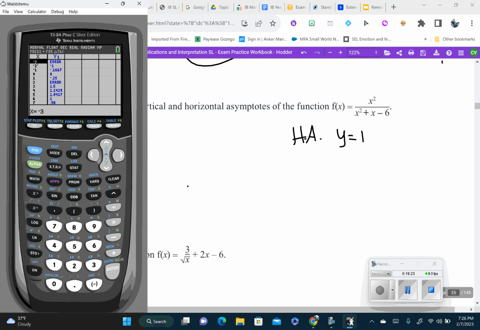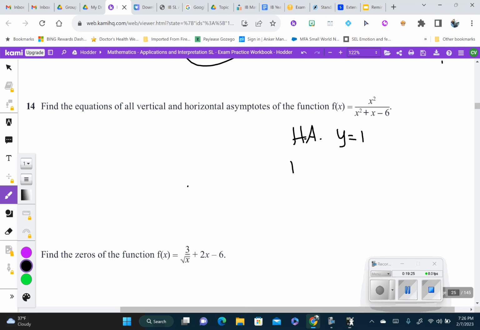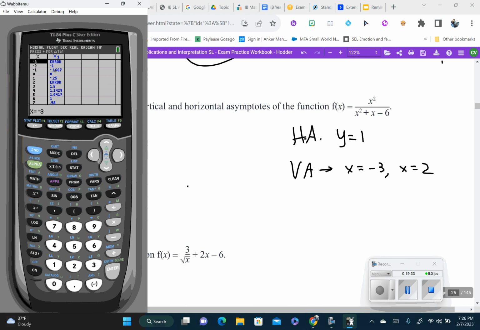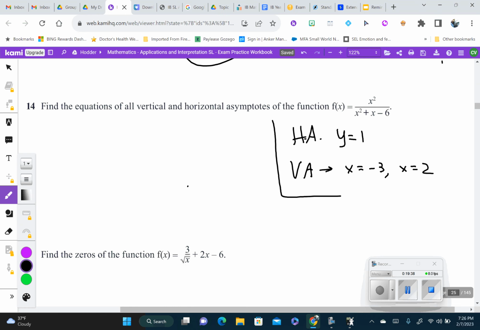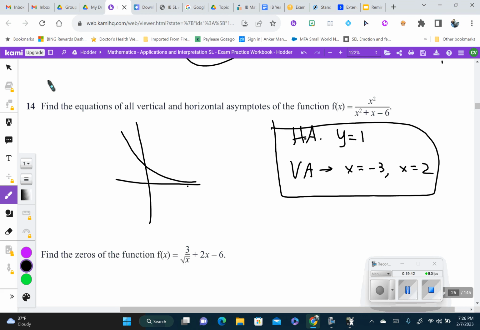One here at x equals -3. So our vertical asymptotes are at x equals -3 and x equals +2, because that's where our 2 errors are. Okay. So these are our asymptotes. Asymptotes are where the graph gets closer to that point, but never crosses. Okay.